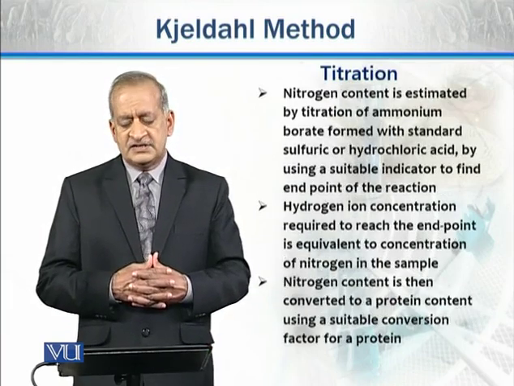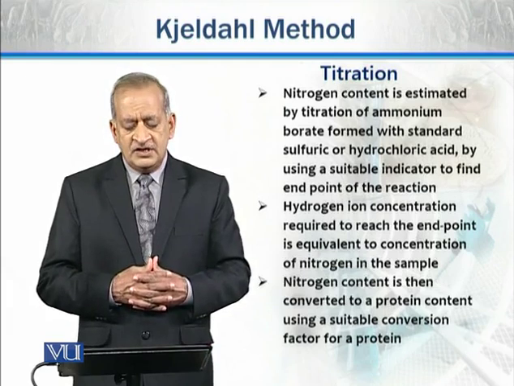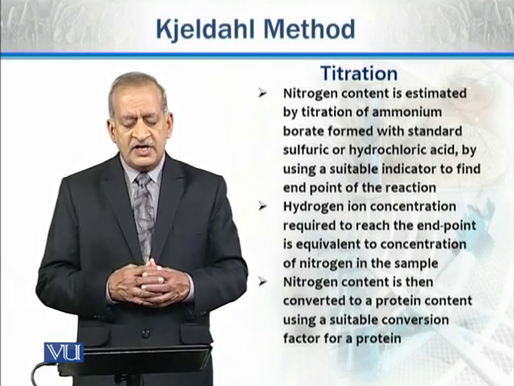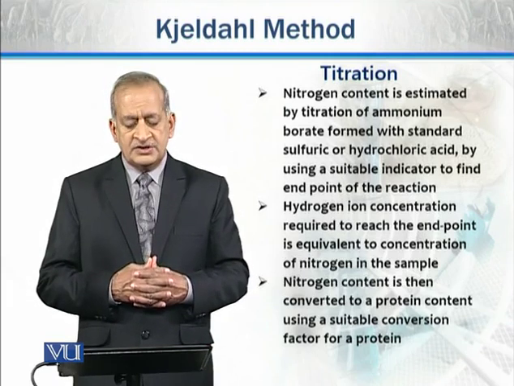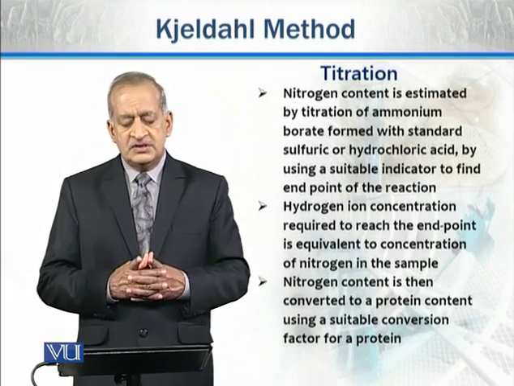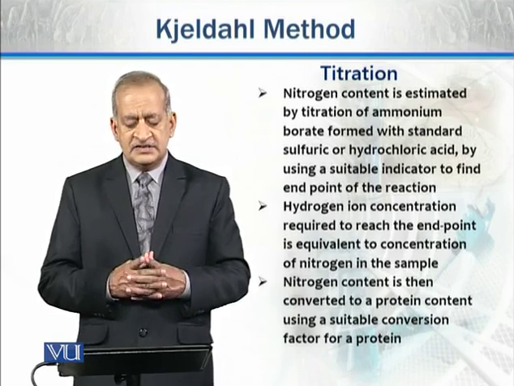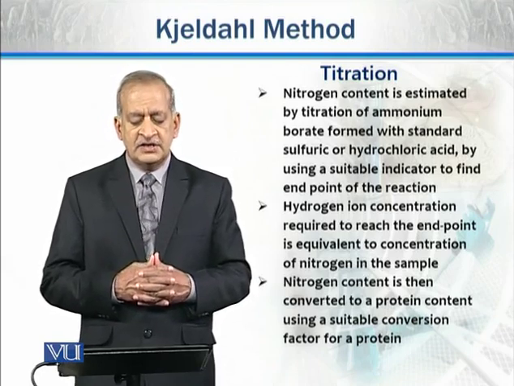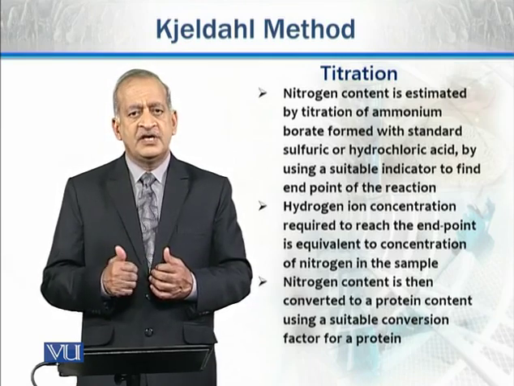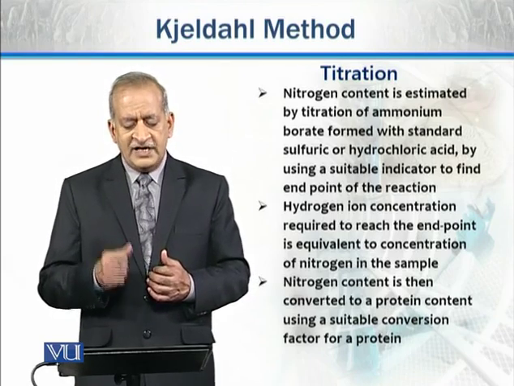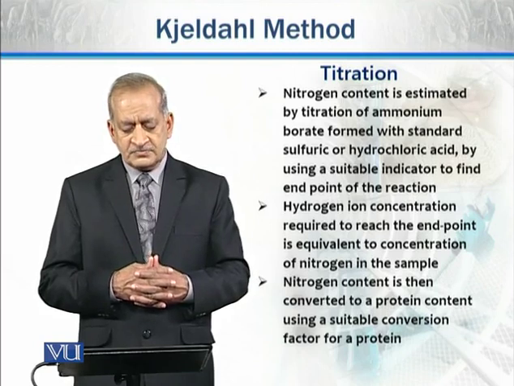The next step is titration. Here, nitrogen content is estimated by titration of the ammonium borate formed with a standard acid like sulfuric acid or hydrochloric acid, and a suitable indicator is used which indicates the endpoint of the reaction.